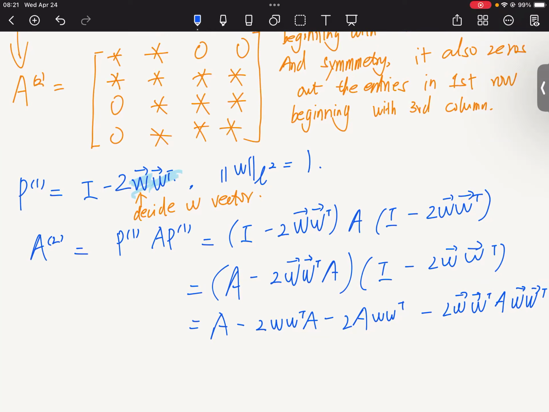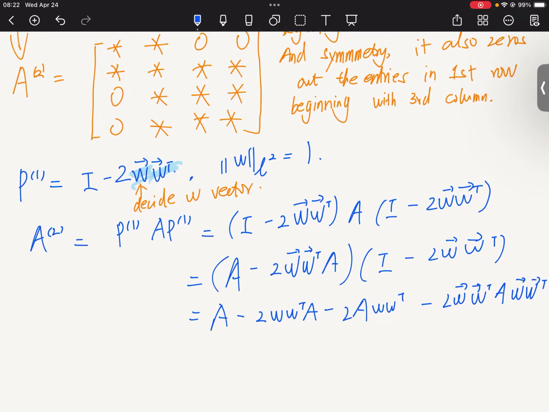I'm going to skip the calculation here, and just give you the algorithm to calculate the W vector. So our goal is to zero out these entries, and then we look for the W.